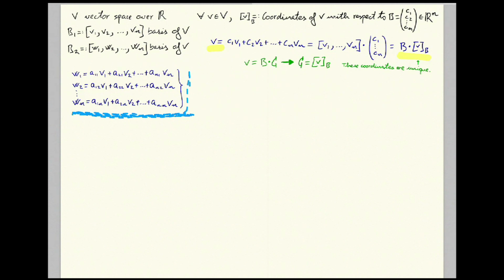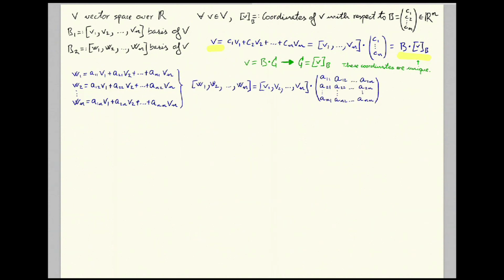If you take a look at this system of linear equations, you will understand that you can express this system in this way. All this horizontal vector equals all this horizontal vector times this matrix. When I call this horizontal vector, well, this is a vector of vectors.